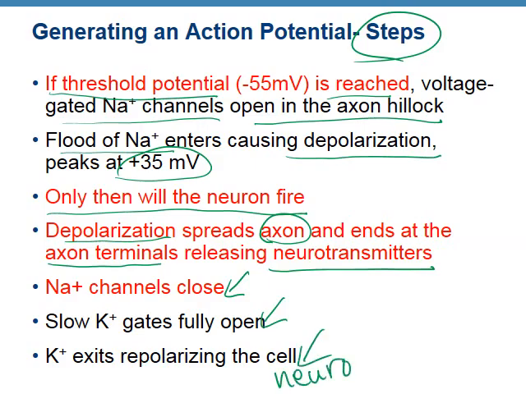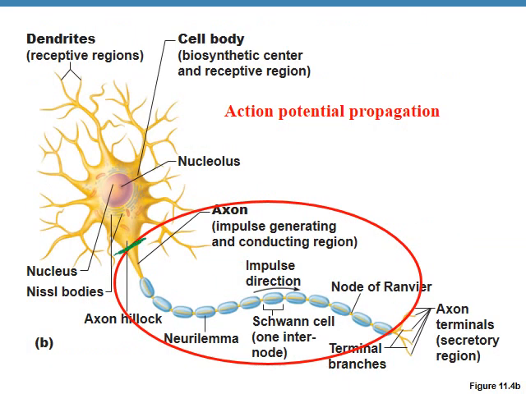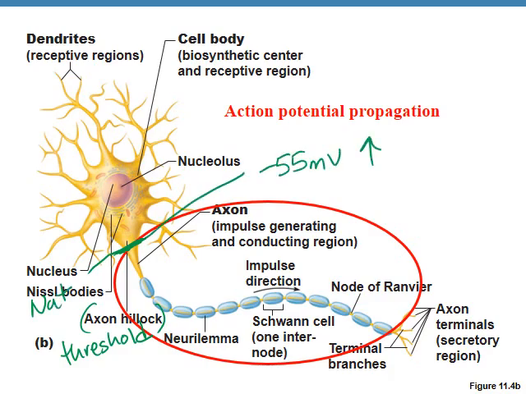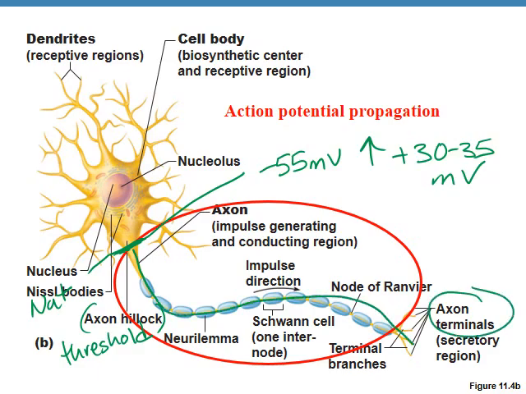And when I say cell, hopefully we know now we're talking about the neuron. This is where the axon hillock is located. This is threshold. When these sodium gates open at threshold, we go from negative 55 millivolts up to positive 30 or 35 millivolts. That causes the message to spread down the axon and causes the axon terminals to release their neurotransmitter.